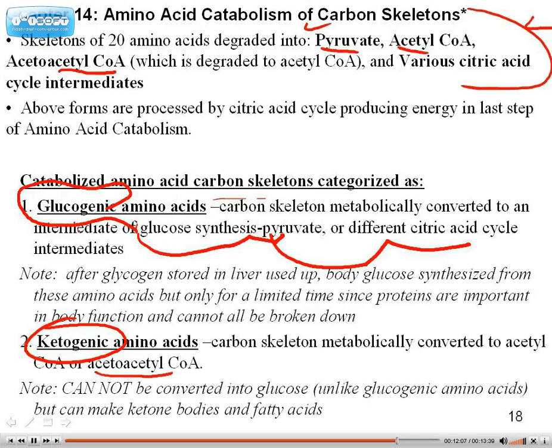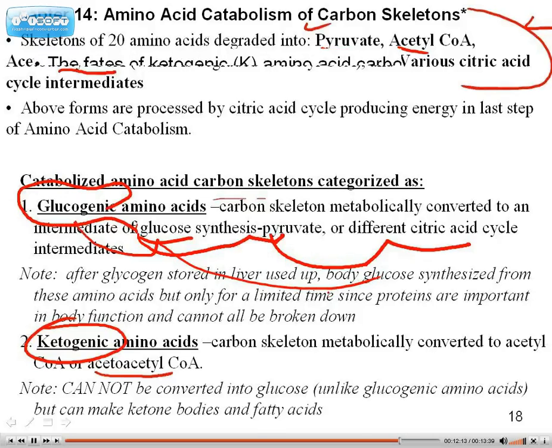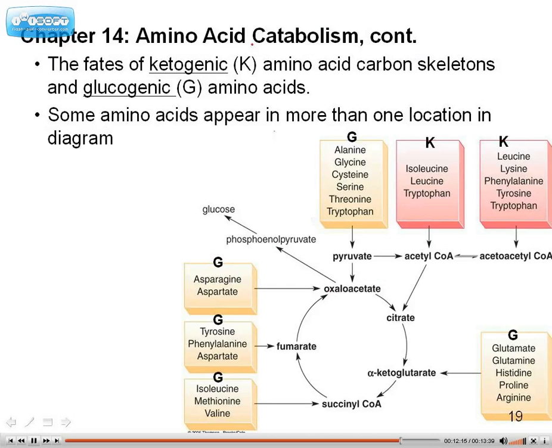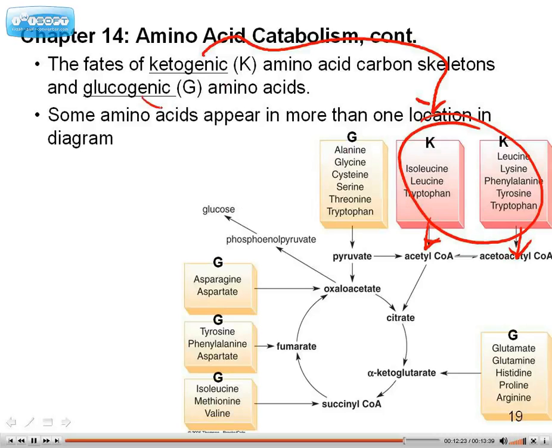Glucogenic, anything related to glucose, carbs, as well as the citric acid cycle. These definitions can get kind of complicated, so I've summarized them here. K for ketogenic. See how they go directly into acetyl-CoA or acetoacetyl-CoA. G for glucogenic. Here they go directly either into pyruvate or they form an intermediate in the citric acid cycle.